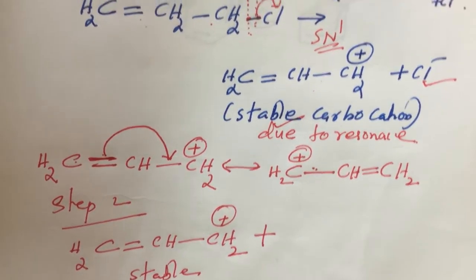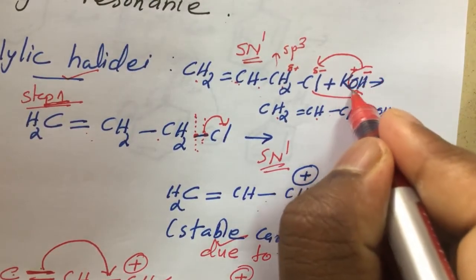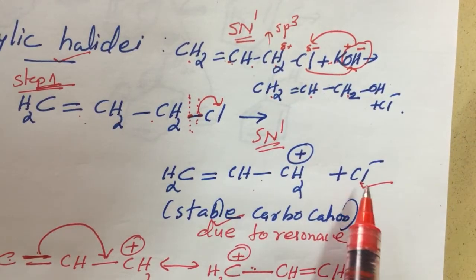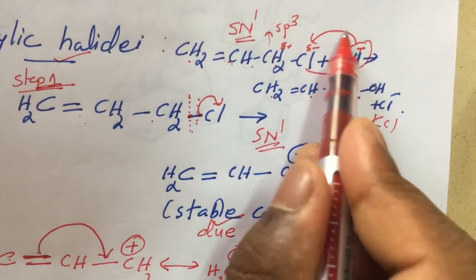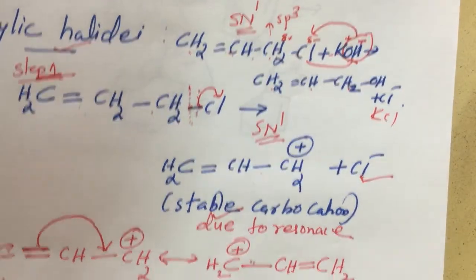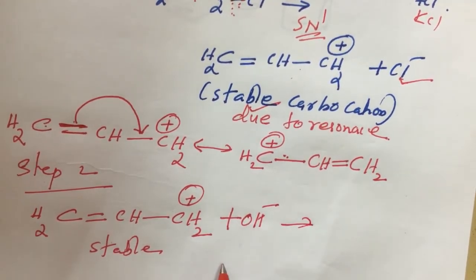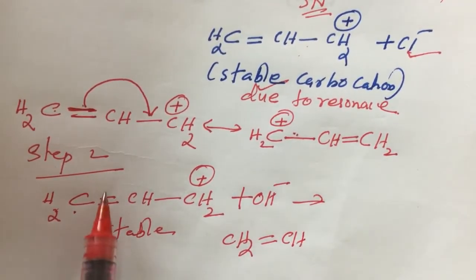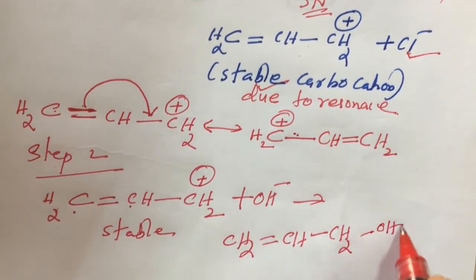And this carbocation will react with the OH minus. K plus and Cl minus form KCl, the byproduct. Then this OH minus will add to CH2 plus and form the final product, CH2=CH-CH2OH.